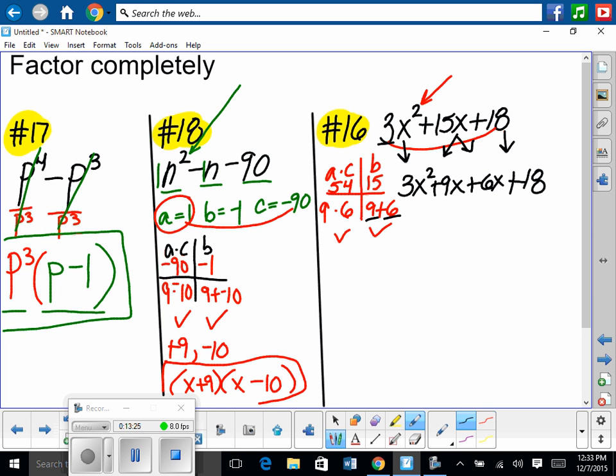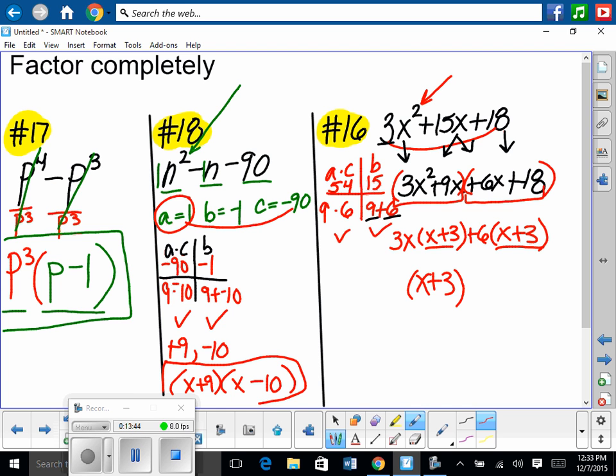So then from there, we group the first two terms, we group the second two terms, and in this group, there's a 3x in common, so left is x plus 3. In this group, there's a 6 in common, in fact, a positive 6, so left is x plus 3. And then we have our safe haven, which is good, so we factor out x plus 3, leaving us with 3x plus 6.